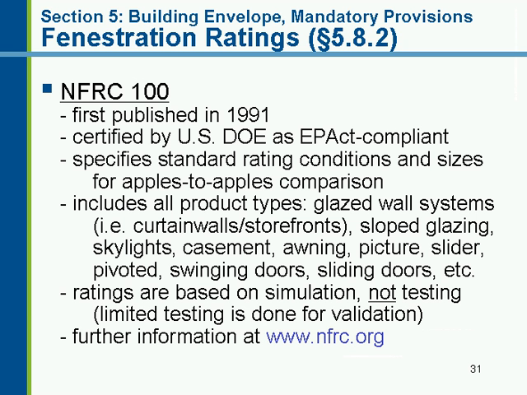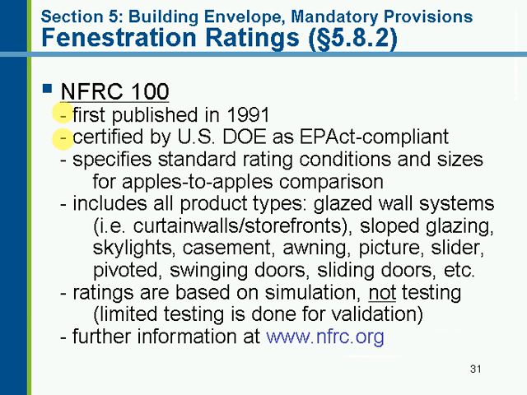I wanted to touch on a few things in NFRC 100. It was first published in 1991, so that's 16 years ago. And the U.S. passed an Energy Policy Act in 1992, and it required the development of a national window fenestration energy rating system. It specified NFRC as the preferred developer of that, saying that if NFRC didn't develop it, then the U.S. Department of Energy would develop such a system.